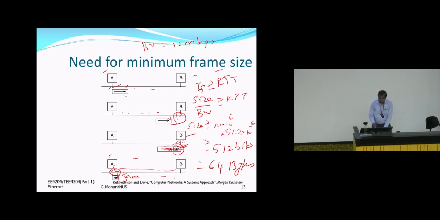Because if it doesn't send any jam signal, this will still be transmitting. The collision has occurred here. Let's say B has transmitted only a few bits, and it has found the collision. If it stops its transmission, it's not throwing out anything. So A will not have sufficient energy to detect. Something should come back, only then when it collides can it see the collision, right?